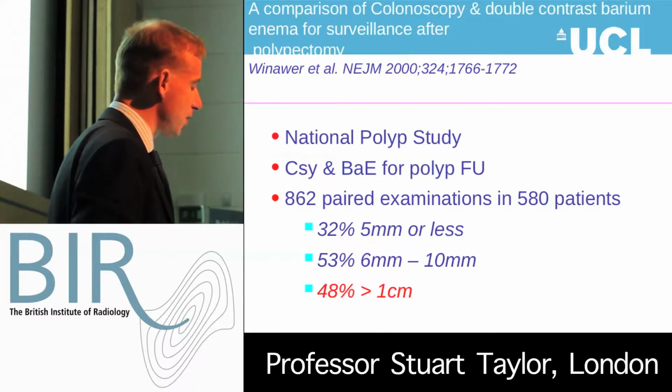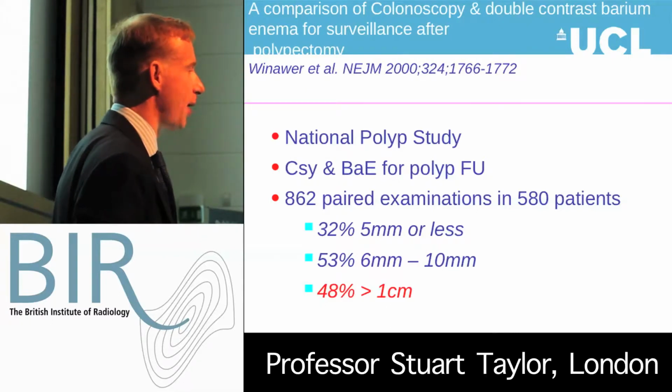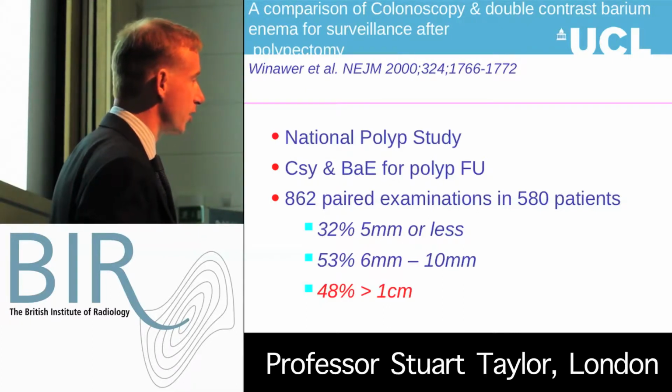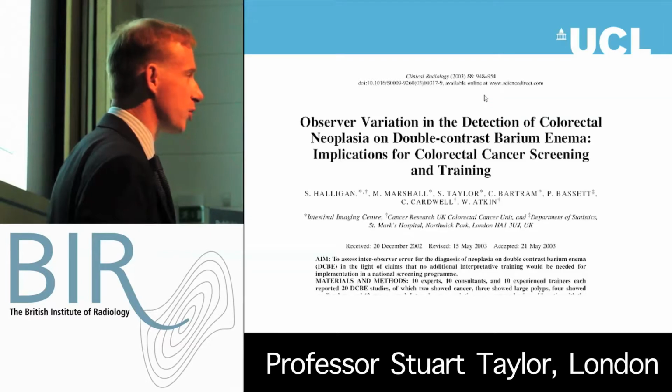About this time, we were also looking into why barium enema performance is so bad. Is it the technique, or is it the person looking at the barium enema? In this study, we took 20 barium enema sets around the UK, big X-ray film packets, to various centres, showed them these 20 barium enemas and asked them to report what they found. Within the 20 cases, there were two cancers.